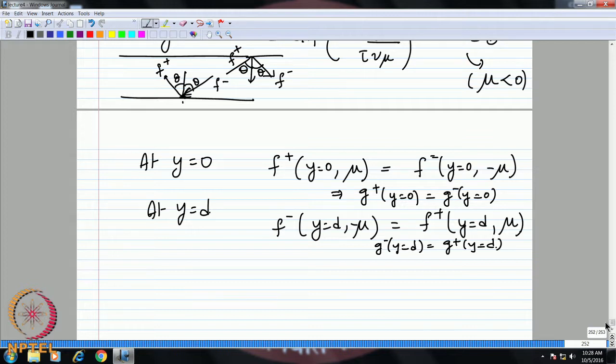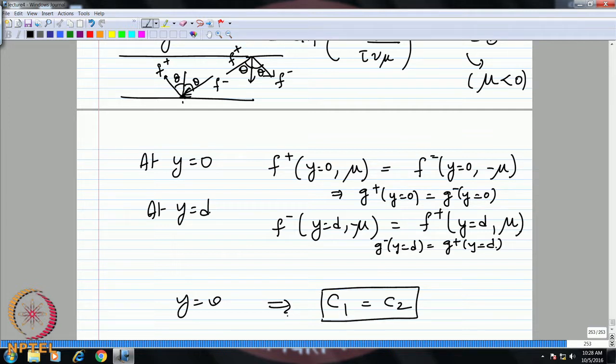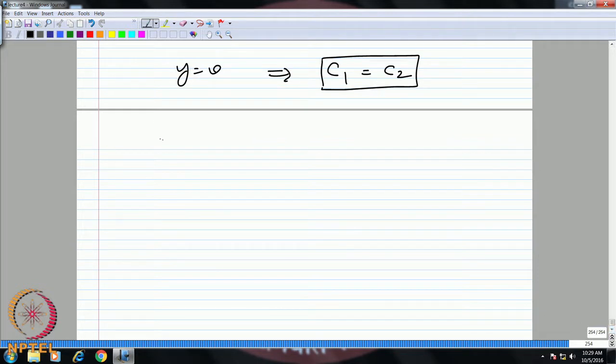What do you get? From the first condition, y equal to 0, you get C1 equal to C2, but still that does not tell what is the value of C1. So, then you have to apply the second condition, y equal to d.